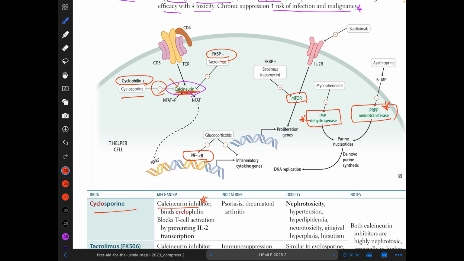So there will be no formation of NFAT, which is formed by the dephosphorylation of NFAT. It goes on to do the transcription of DNA, which results in production of inflammatory cytokine genes. By that we will decrease the IL-2 expression and also decrease the production of cytokines or inflammatory mediators.